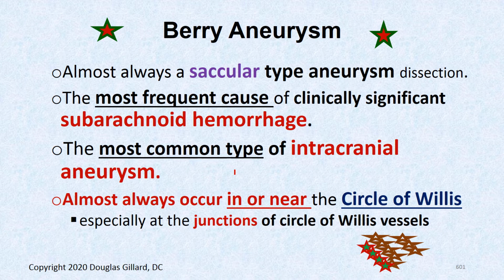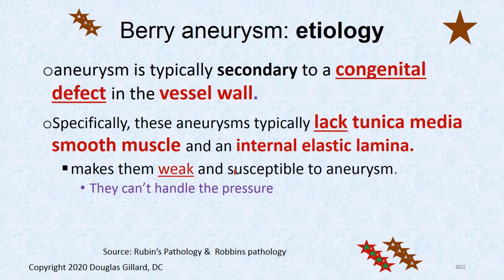In other words, if you're going to have a bleed in your brain and it's going to cause some neurological sequelae, it's probably going to be from a Berry aneurysm. Right? It's also the most common type of intracranial aneurysm. Almost always occurs in members of the circle of Willis or in a region very close to the circle of Willis.